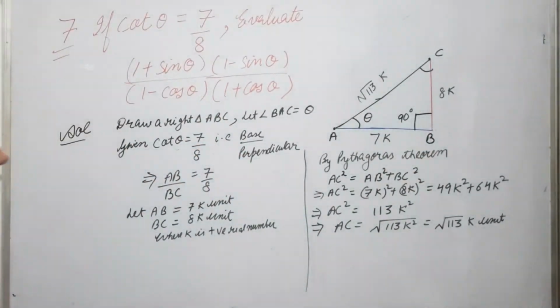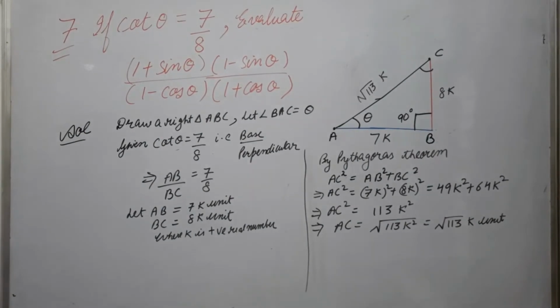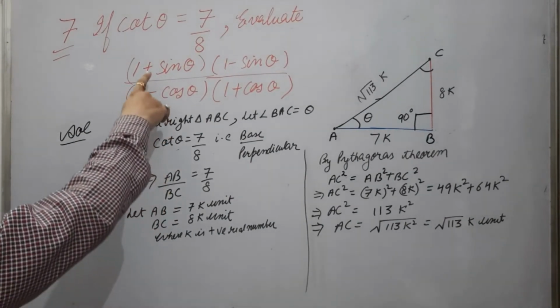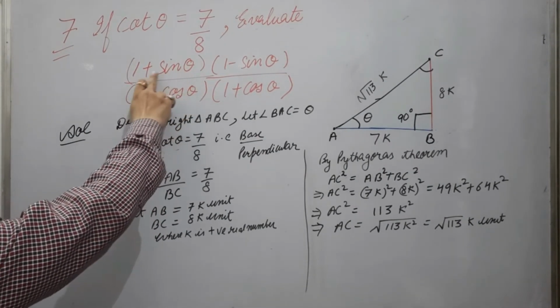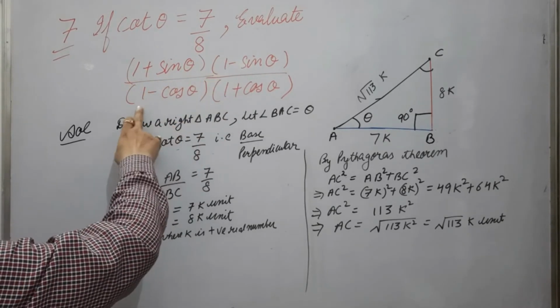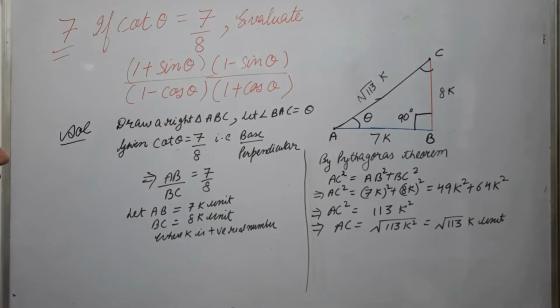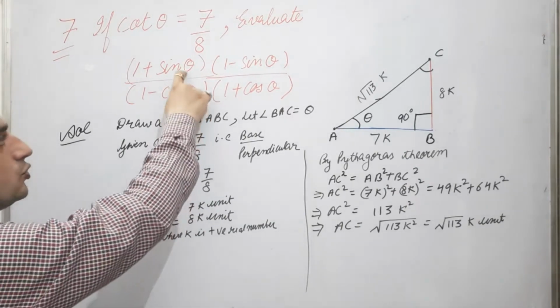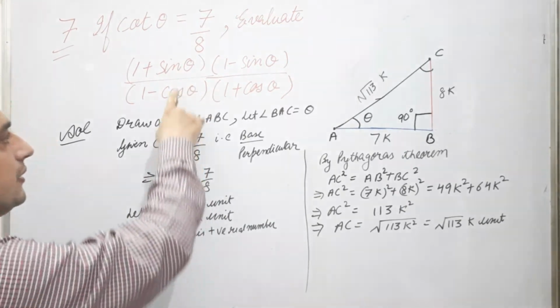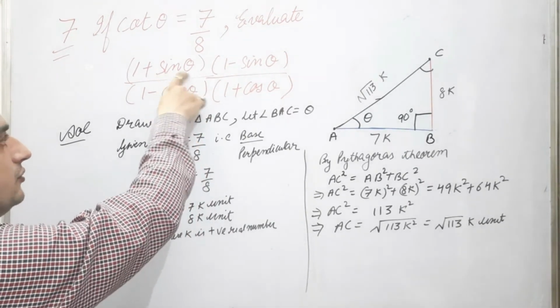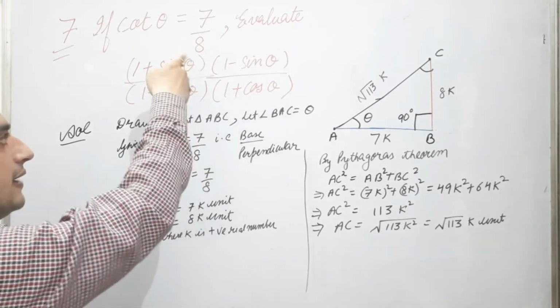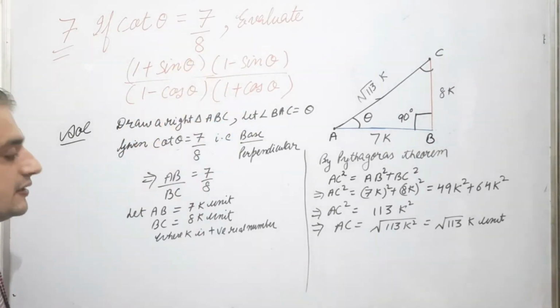Right, so once you know the three sides, now you have to evaluate 1 plus sine theta, 1 minus sine theta, over 1 minus cos theta, and 1 plus cos theta. You have to find the two T ratios, sine theta and cos theta. First find the values of sine theta and cos theta, then put the values in this expression to get the final result.